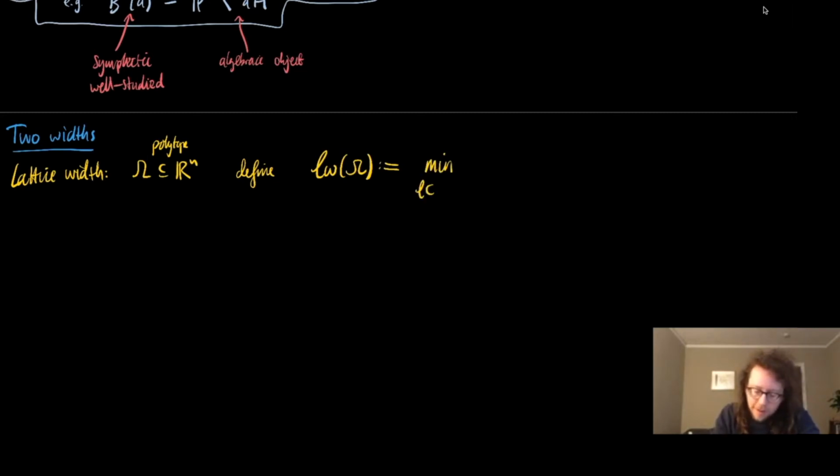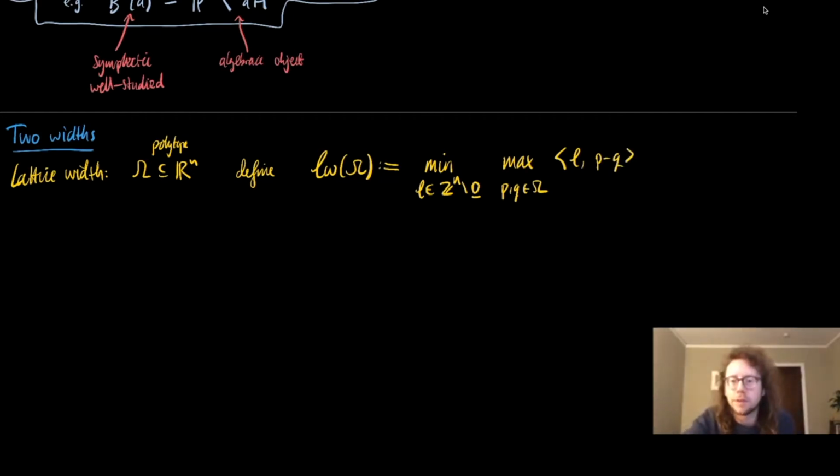It's the min over L in Z^n without the origin of the max over pairs of points P, Q in Ω of the pairing, the inner product of L and P minus Q. So it's pretty clear that P and Q should lie on the boundary of Ω for this to work.